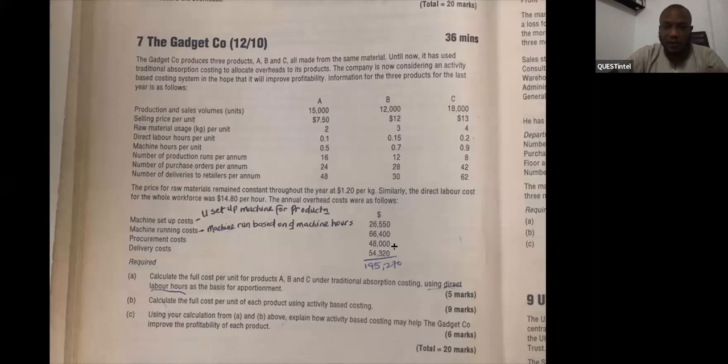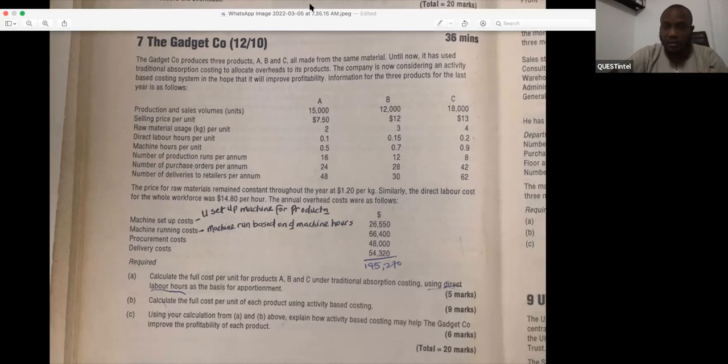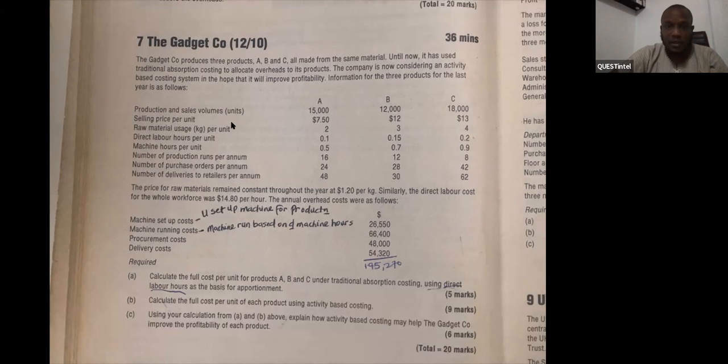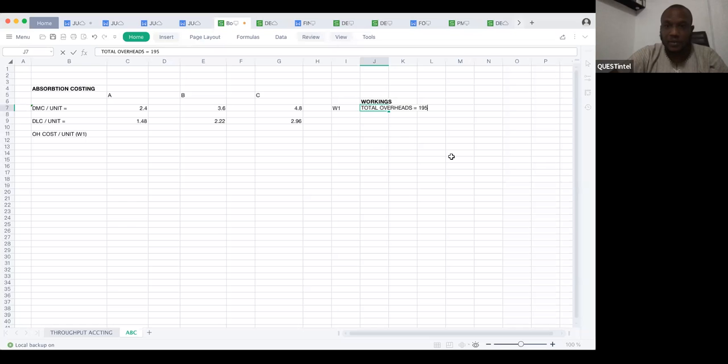That's the total of all of them. We can add them up to confirm. And the important thing is when you're looking at this, that you know where you got the figures from. So that's our total overhead.